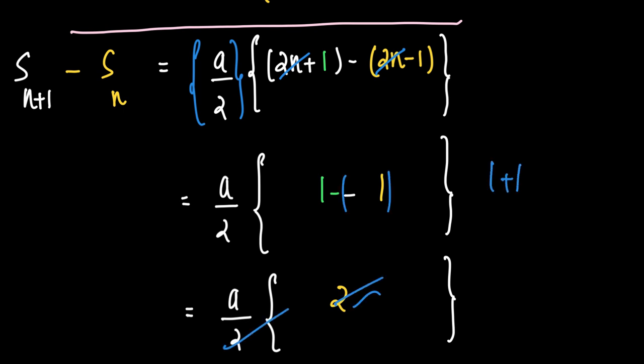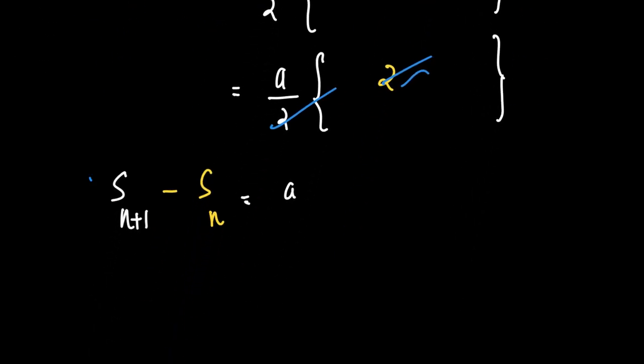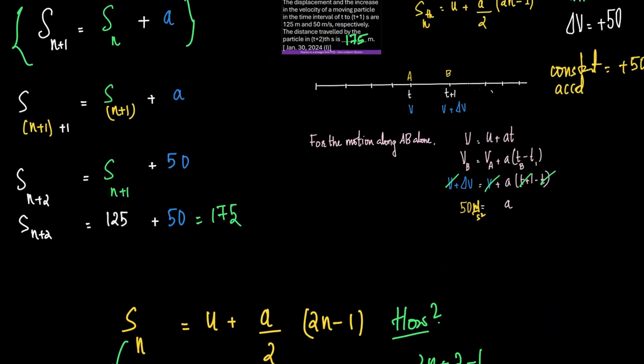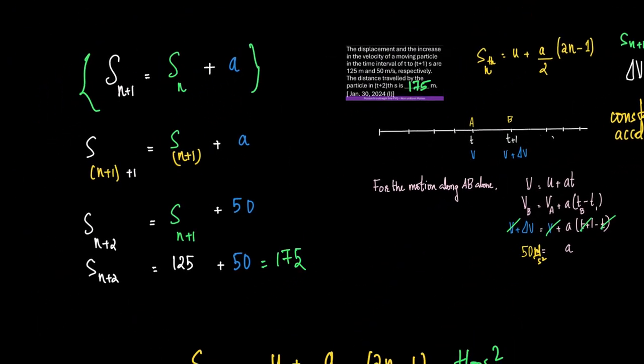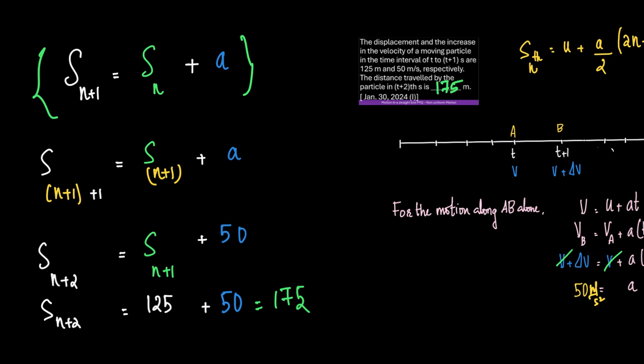And 2 by 2 is 1, which gives us the equation Sn plus 1 minus Sn is equal to a. So that's what we have made use of here. Okay, so yes, you can do this question this way as well. So that's it with this question. Let's move on to the next one.